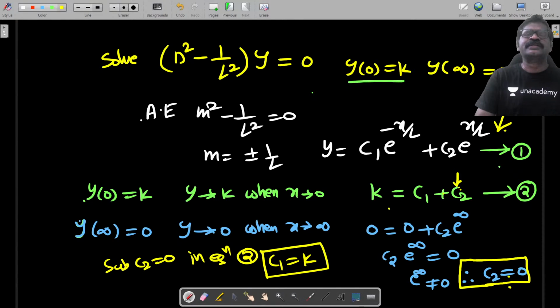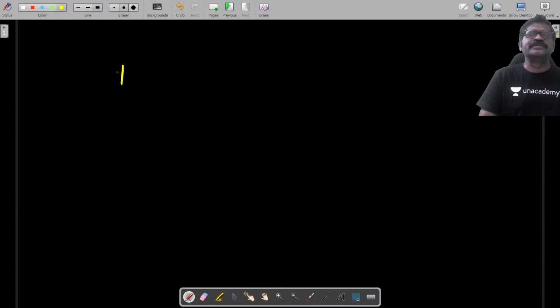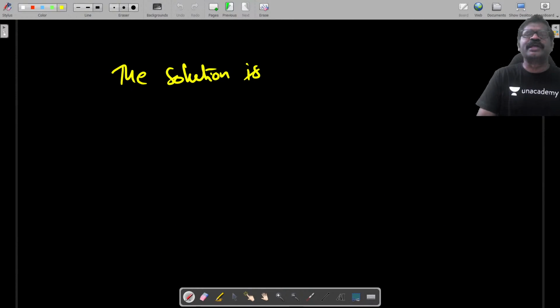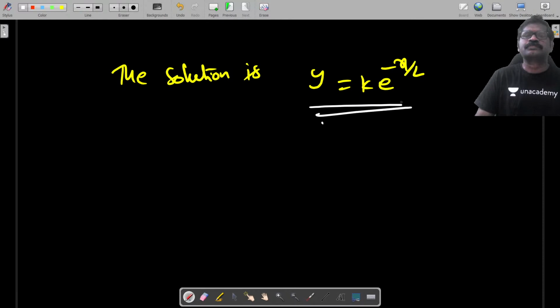We get the solution y equal to k into e power minus x by L. This is the solution of the given differential equation.